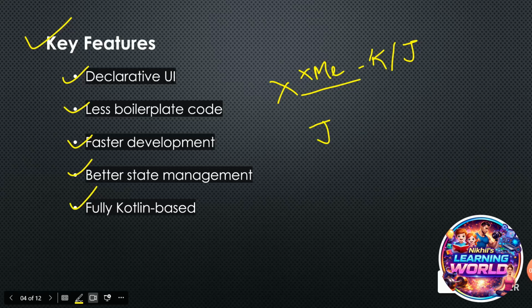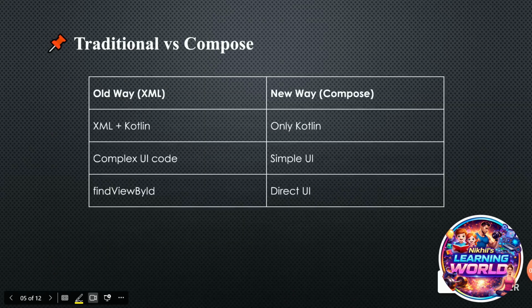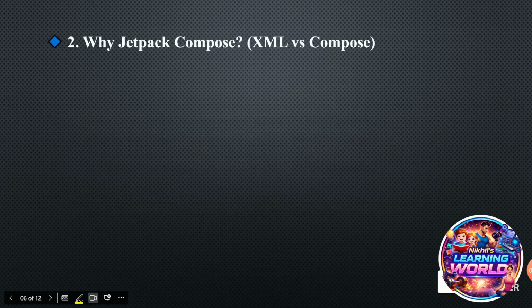Compared to the old XML, it may be complex UI code for beginners, but I'm sure it's simple for UI implementation in Jetpack Compose. In the traditional way using XML, we use findViewById, but here we can directly use UIs.